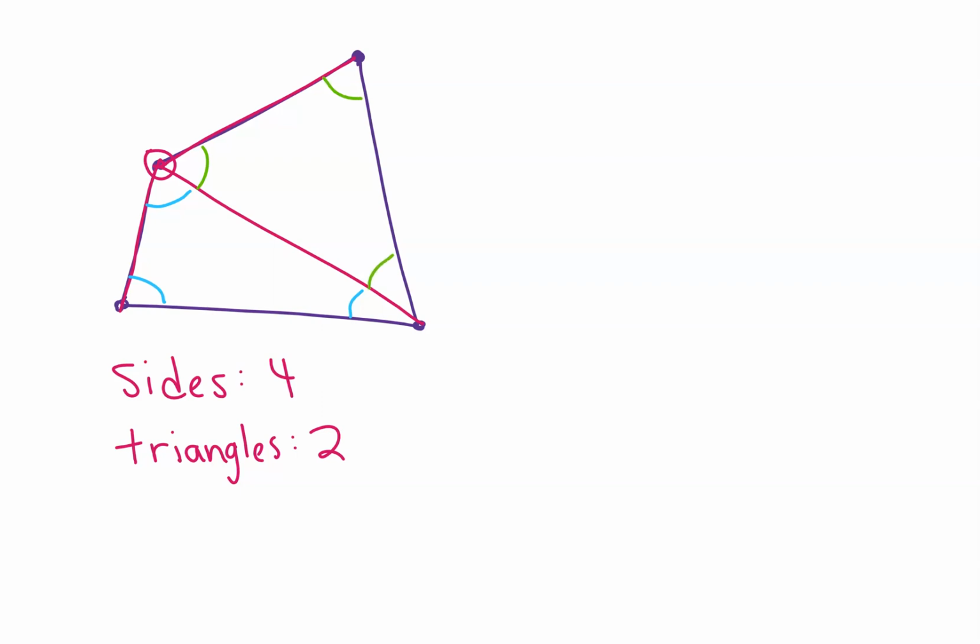And if we add all of those together, I get this one, this one, this one, and this one. So those are all of the angles of the quadrilateral, right? Mm-hmm. So if this triangle had 180 degrees when we added up all of its angles, and this one had 180 degrees when we added up all of its angles, then what should the whole shape have? 360.